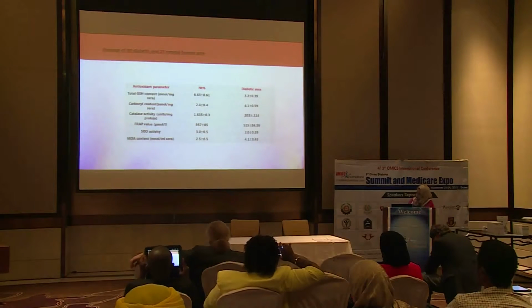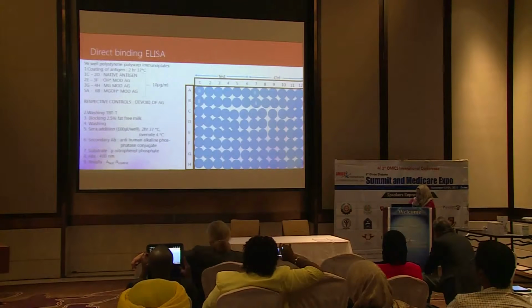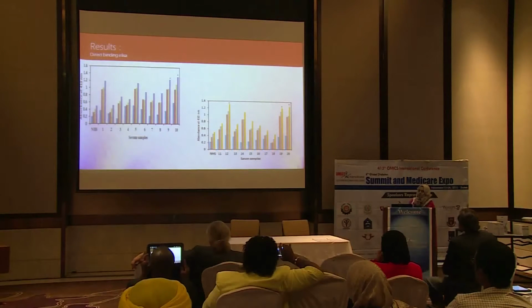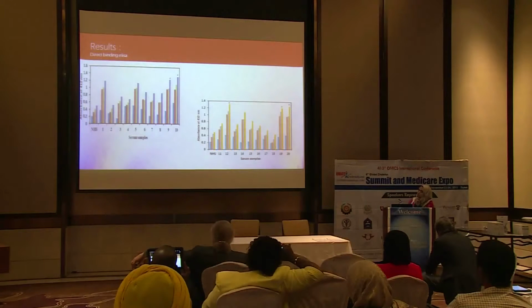So this is a tabular presentation of the antioxidant parameters in normal human sera as well as the diabetic sera. Now, direct binding ELISA. The antigen we used is our modified protein, and the antibody is the IgG in the sera of the diabetic patients.